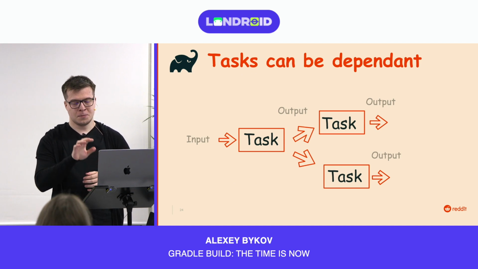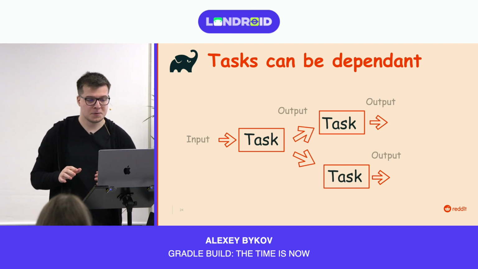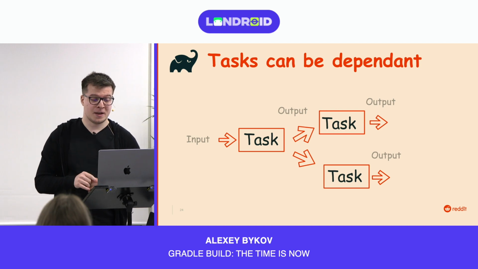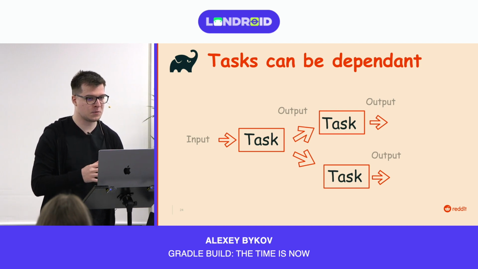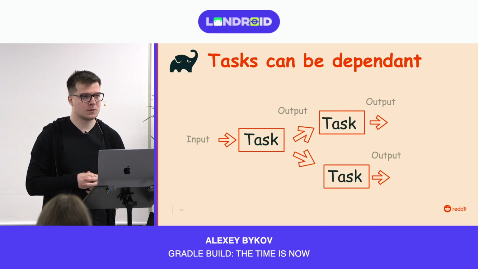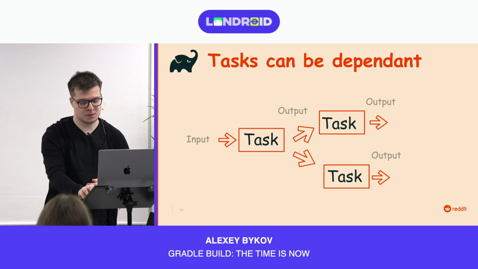It's also important to know that the output of the first task can serve as an input for the next tasks. And what Gradle actually does is try to build the proper ordering for execution. Such an algorithm is called topological sort in computer science.